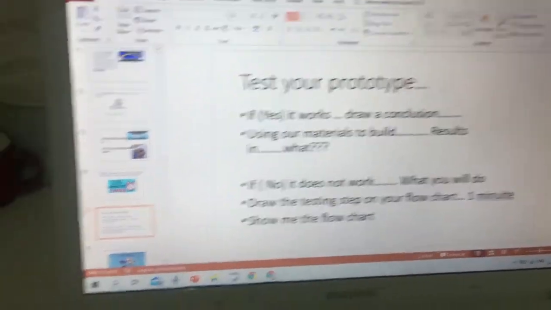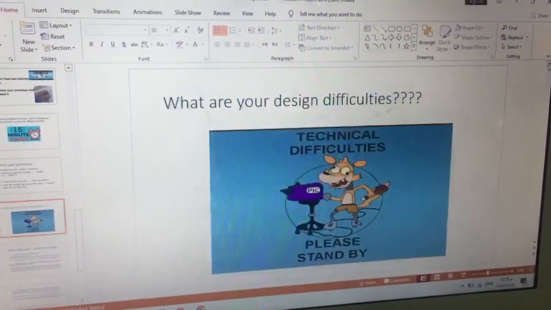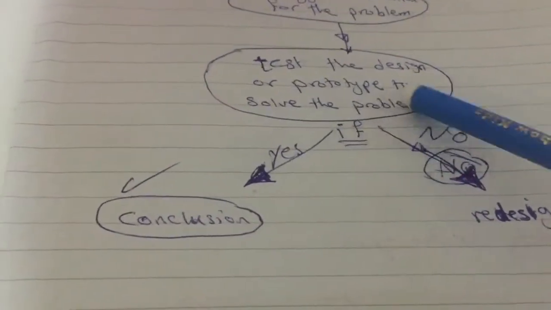If no, I will tell you also, draw the testing step. Test my design using lighter.